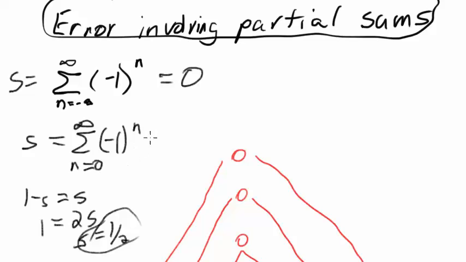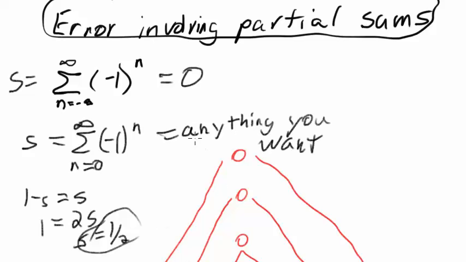But my point is going to be of a different nature: when you sum up together negative 1, this sum can be anything you want. Anything you want.